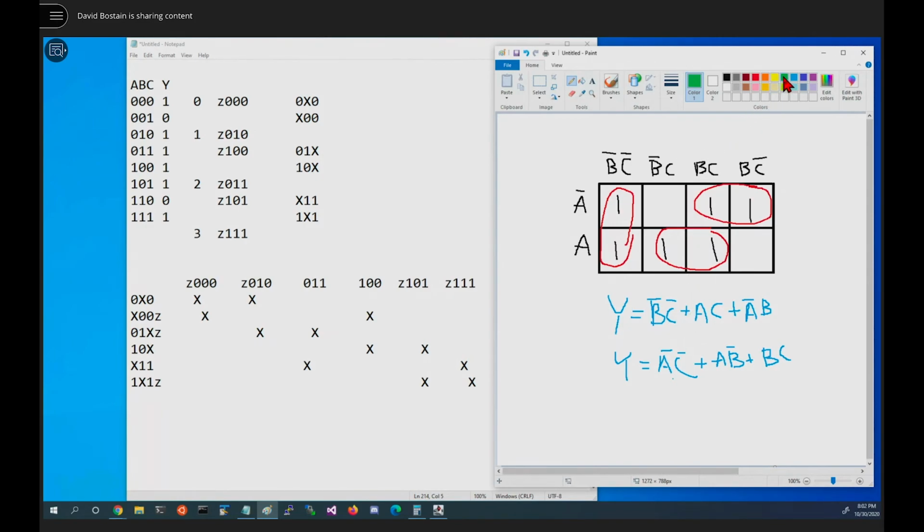I'll use green again. We have not A, which is this row, not C, which would be this. We have A, not B, which would be these two. And we have BC, which are those two, which does cover it as well.